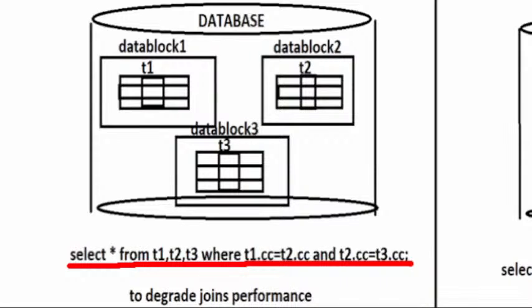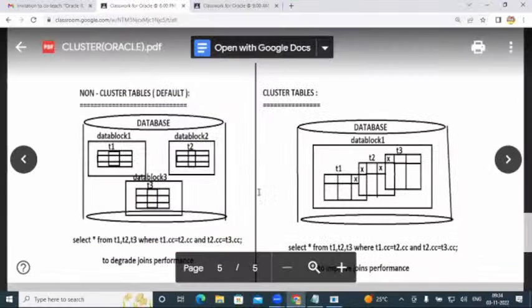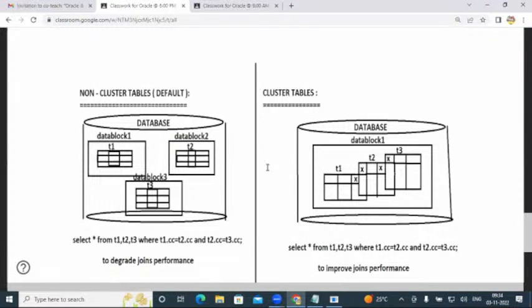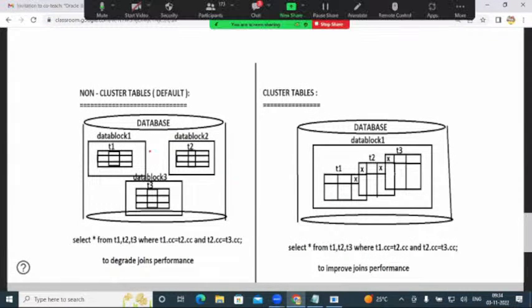So when I write this join statement and retrieve data from multiple tables based on this join query, what is the internal process? Here observe carefully.